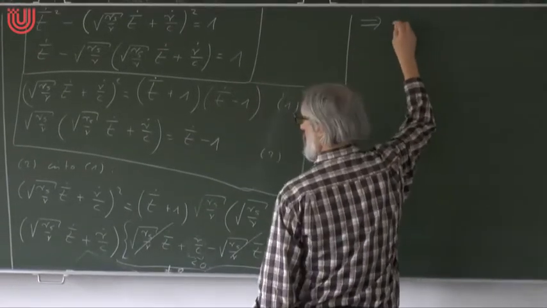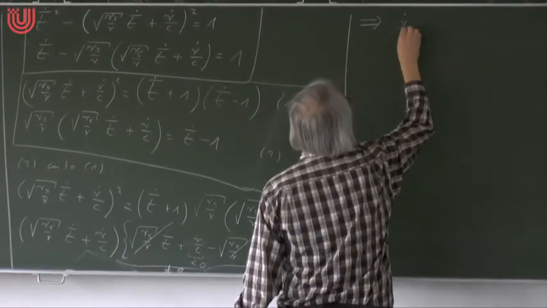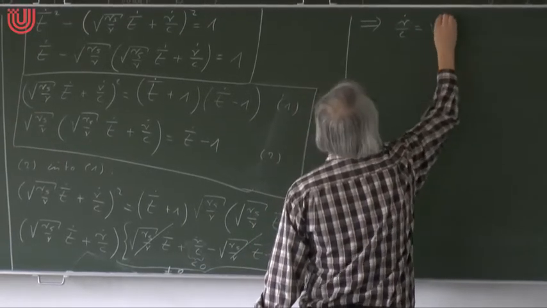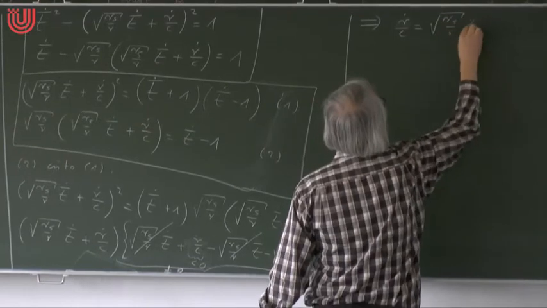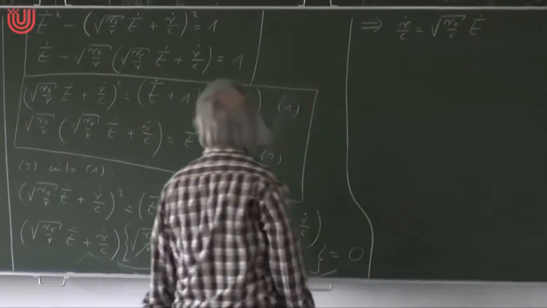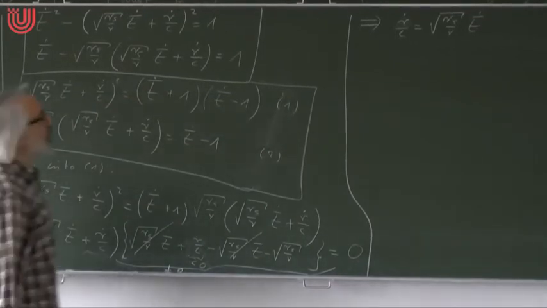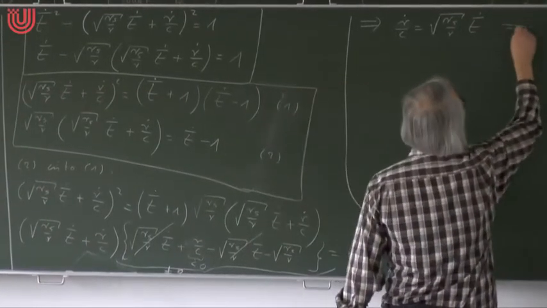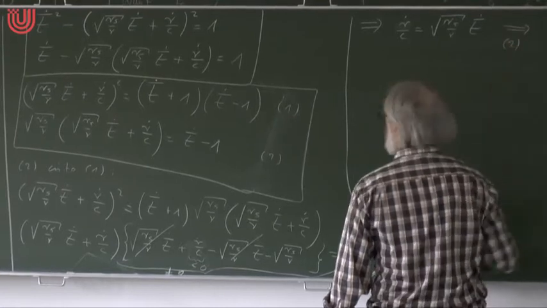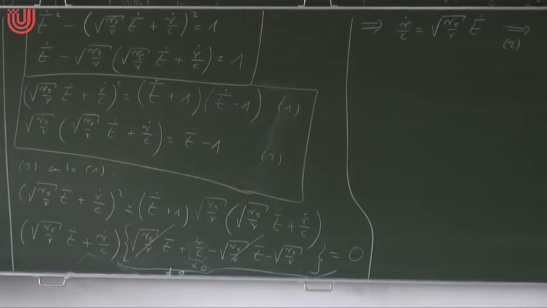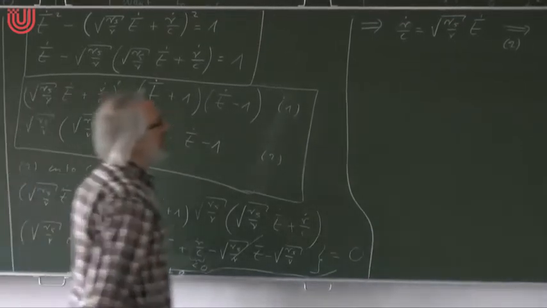This means r dot over c must be root rs over r t bar dot. And if I insert this into equation 2, then I can solve for t dot.